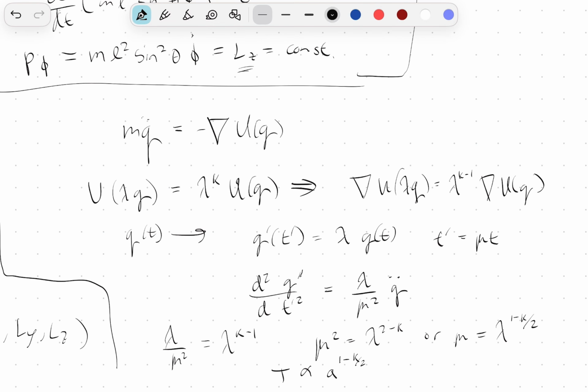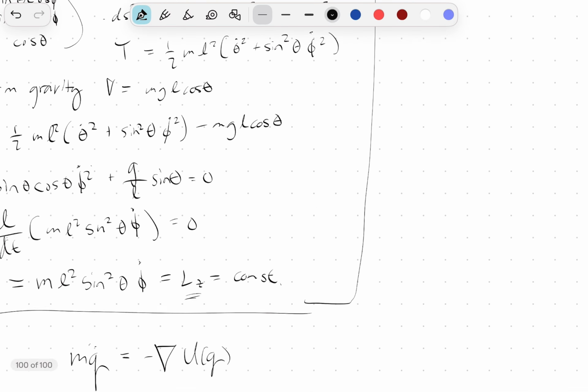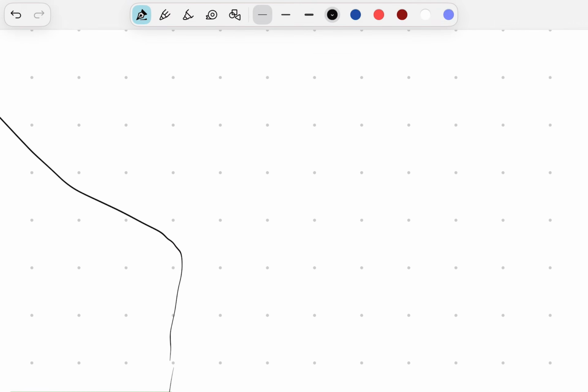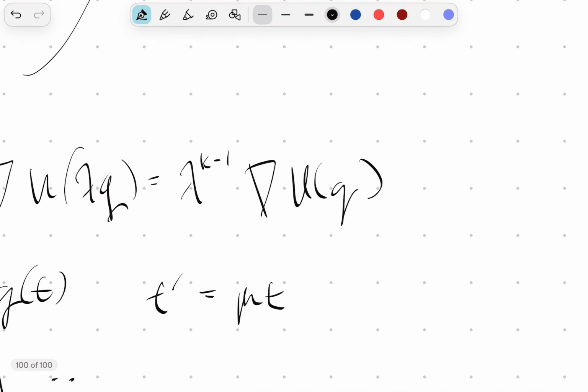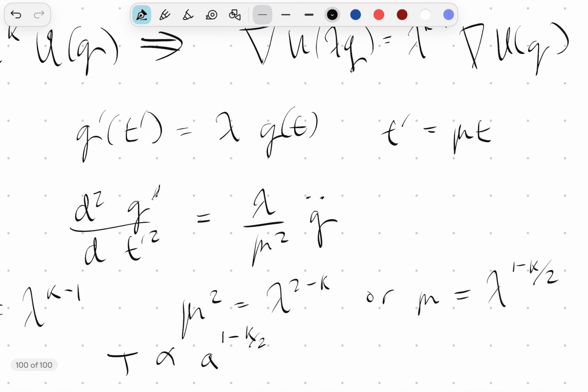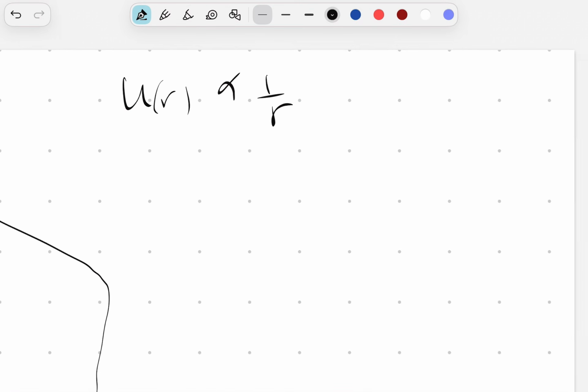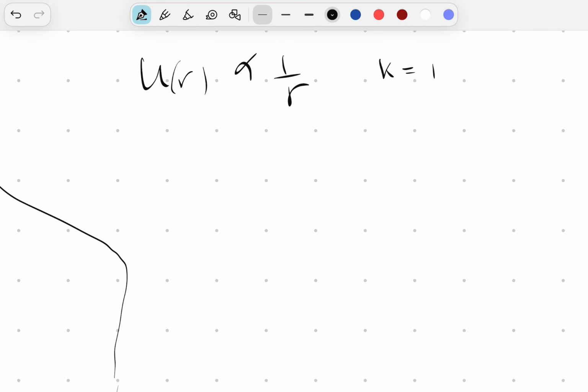Now, let's look at the inverse distance potential, basically saying u of r is proportional to 1 over r. Alright, just inverse to the distance. We have that k is equal to 1, or sorry, negative 1 in this case, because it's 1 over r.